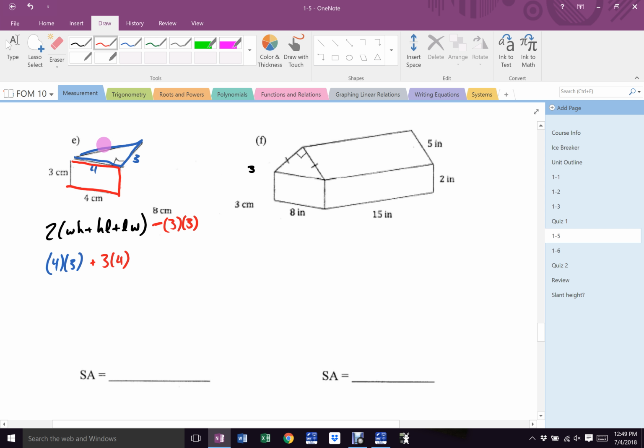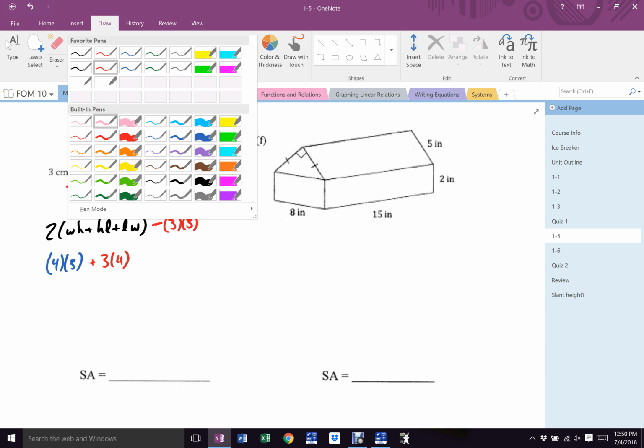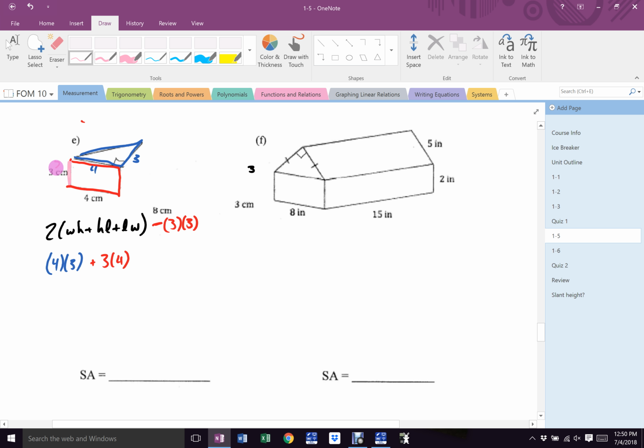And this rectangle on the back, which is 3. How long is this? 5, automatically, because of Pythagoras. And then what do you do with all of those answers? Just add it up. Where do you get the W, H, L and LW? From who? You. You make them what they are.